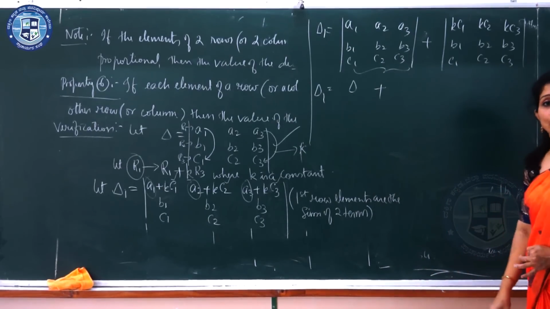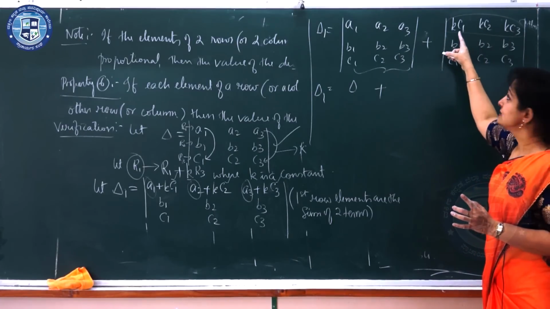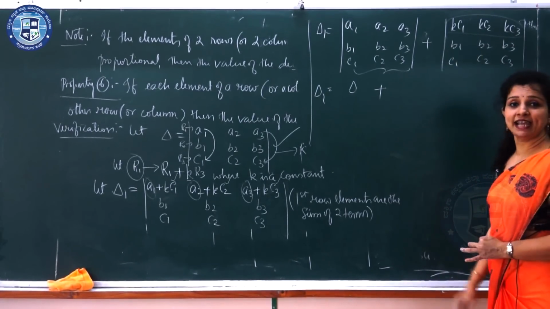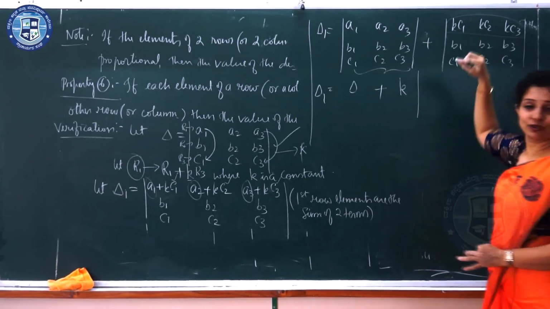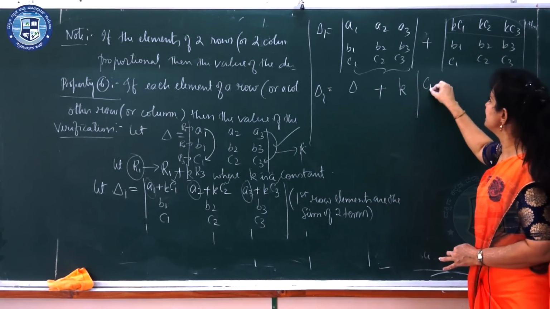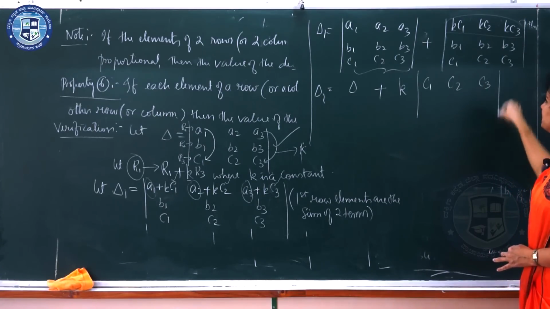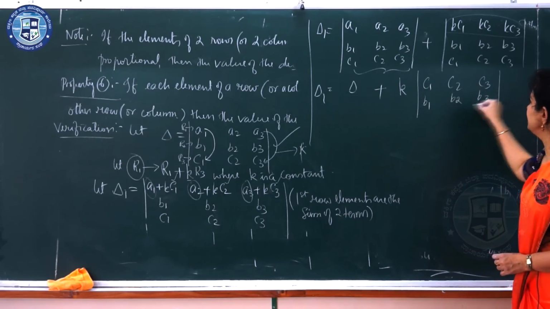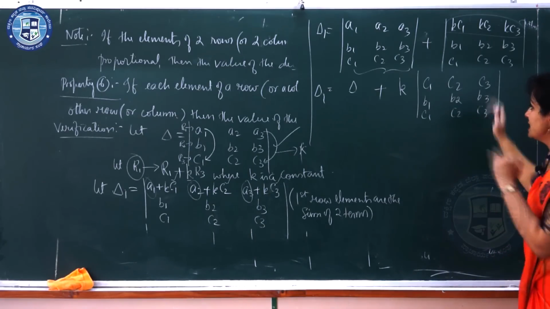Here observe, students, the first row elements have a common factor k, multiplied to each element, so k can be taken out of the first row. What is left is C1, C2, C3, with the remaining rows as they are: B1, B2, B3, C1, C2, C3. Now observe the second determinant here.